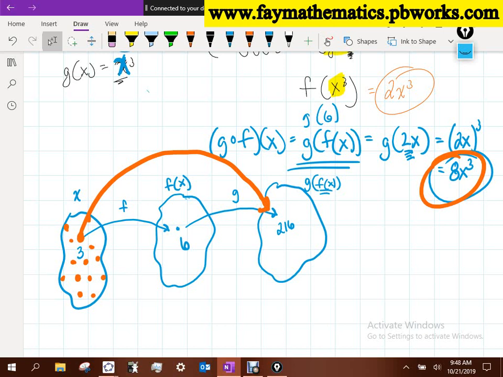So you would do 24 evaluations. Whereas if I just start with those 12 x's and run them through 8x cubed, I only do 12 evaluations there. Does that make sense? So it should cut my time in half if I have multiple input values that I'm trying to evaluate. So that's the idea of what composite functions are doing. They're allowing us to skip over algebraically this first output scenario.